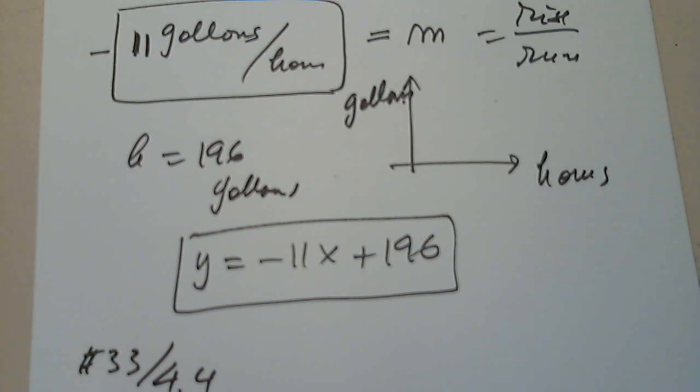It's charging $34 plus 12 cents per mile, and they want us to write the cost C. Can anyone give us the equation? $34 and $0.12 per mile. This is exactly what we just did.